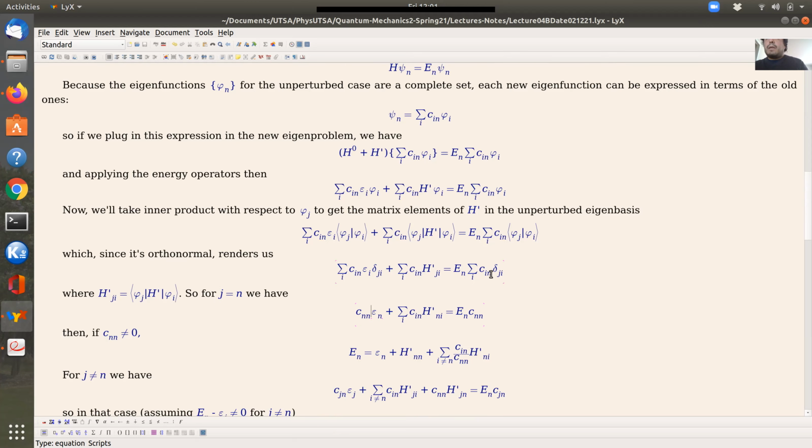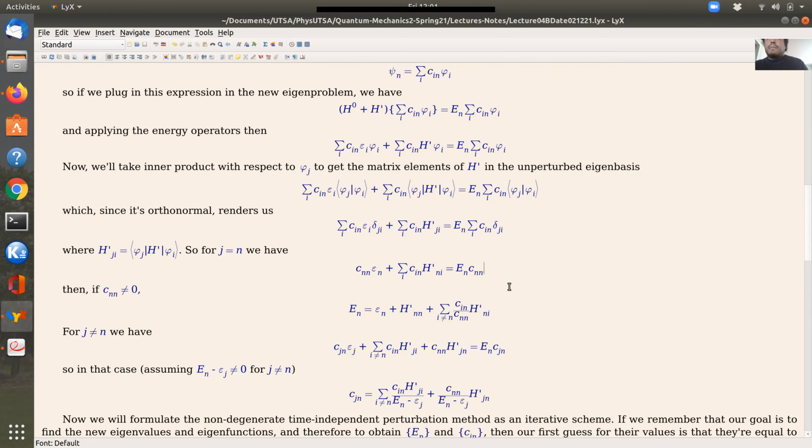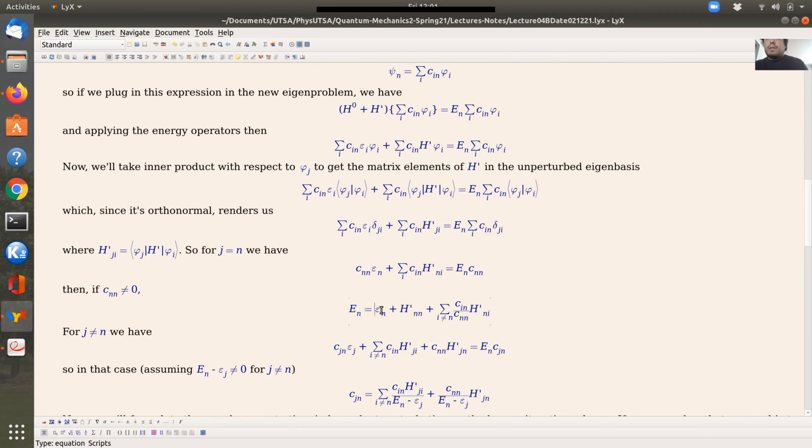And again, only the nth term survives. So let's assume, for the case that C n n is not 0, you can simply divide. And so this gives you the new energy in terms of the old energy, this correction, or sorry, this matrix element, H prime n n, and then we divide the sum, basically.